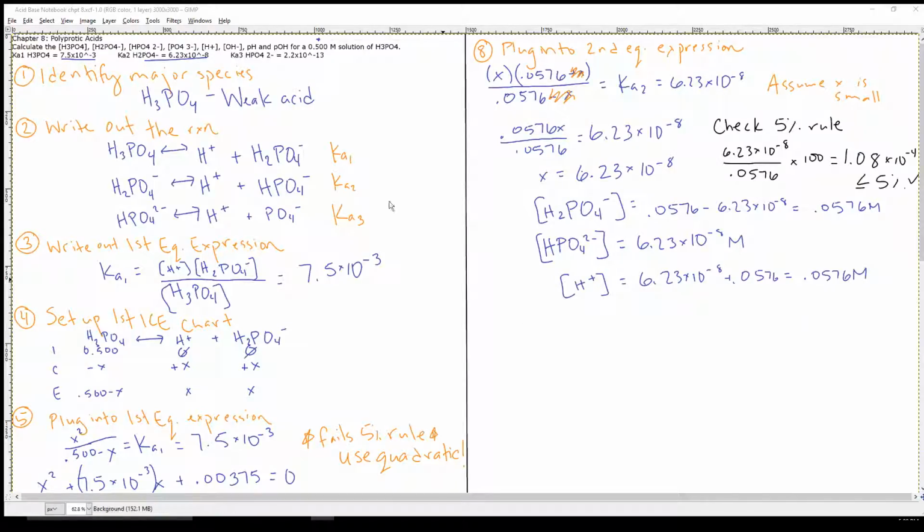Now moving on. Again, I'll box important answers at the end, but I think it's a good idea to stop for now. So we're going to do this again a third time. Write out the third equilibrium expression.